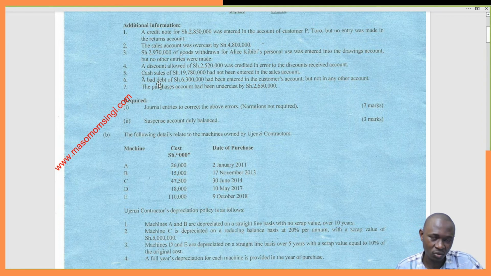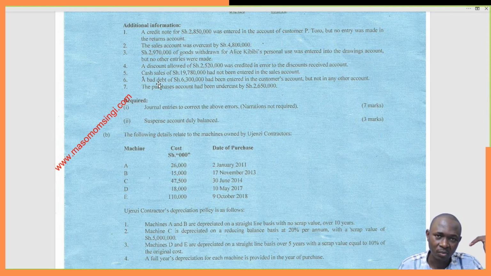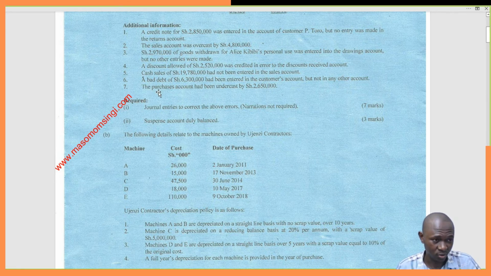Bad debt is a loss to the business, so it's supposed to be debited. Losses are debit accounts. To the debtor, it will reduce his liability by that amount. To the bad debt account, it will be a debit, and it's actually a loss to the business, and it should be treated as so.